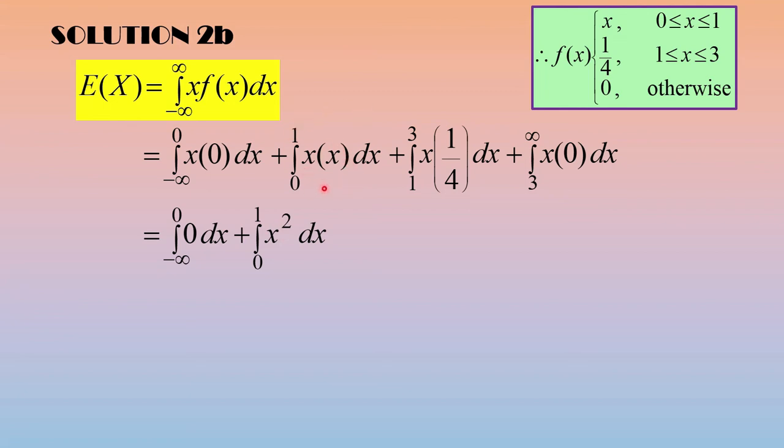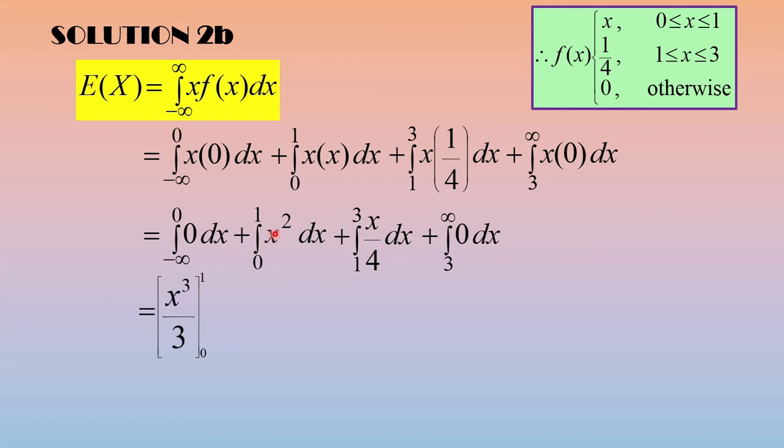For this one, you will have integrate x squared from 0 to 1 plus from 1 to 3, the function is x over 4 dx. Integrate x squared, we will have x cubed over 3 from 0 to 1, plus integrate x over 4, we have x squared over 8 from 1 to 3.